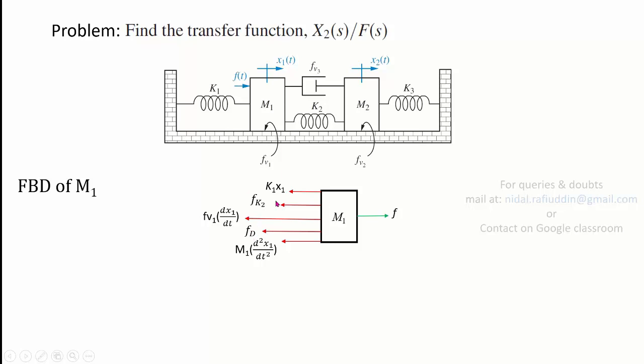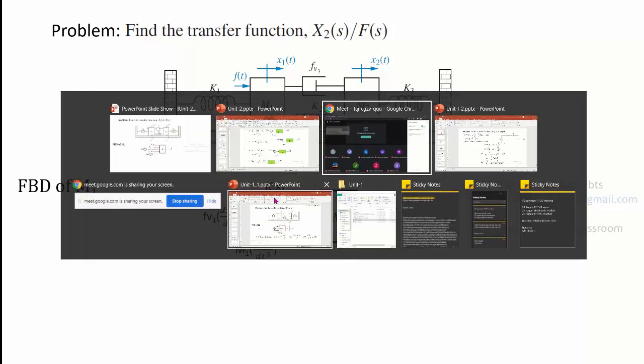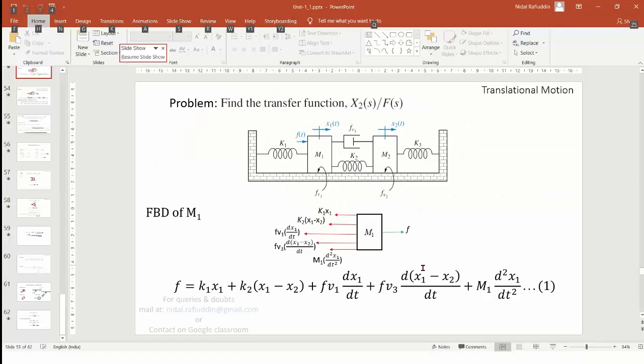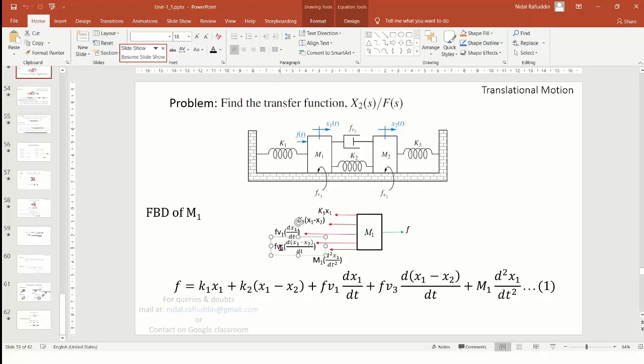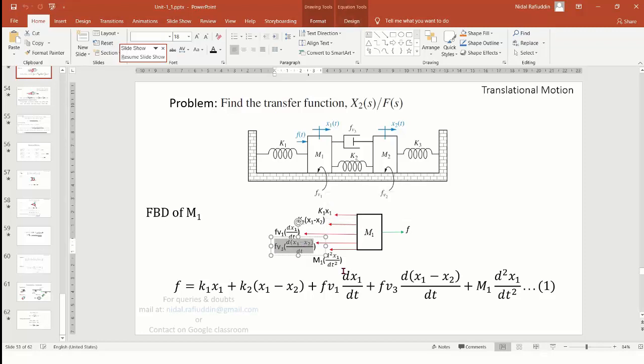So if you look at the problem we did in finding the transfer function, here is the problem. What we did here is, instead of writing the force, we wrote the expression like this for Fv3. So this was the expression for Fv3. And we had another expression corresponding to K2, which is K2 (x1 minus x2).